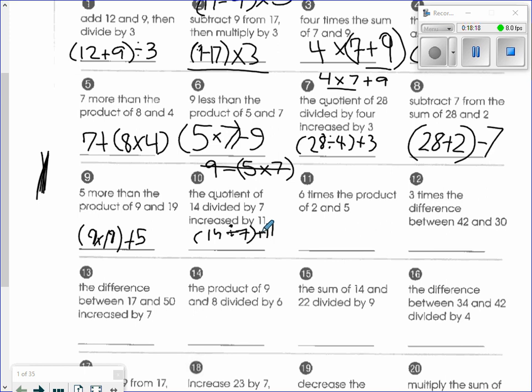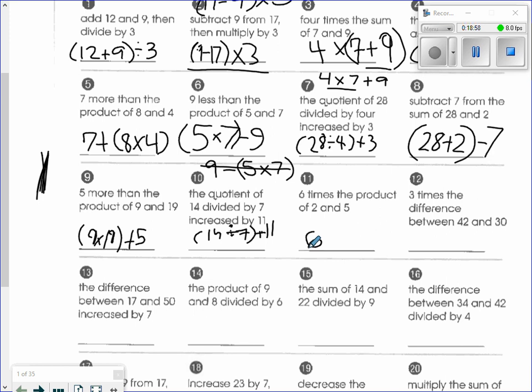6 times the product of 2 and 5. Come on, let's go. 6 times the product of 2 and 5.